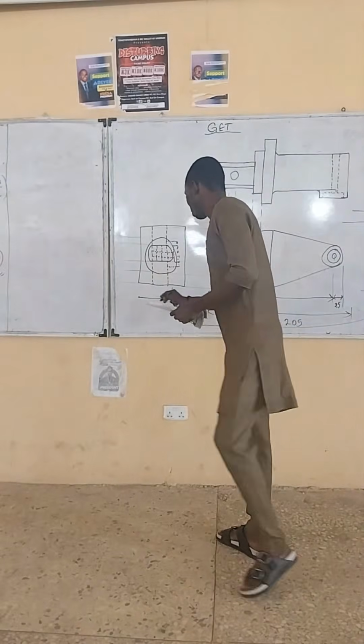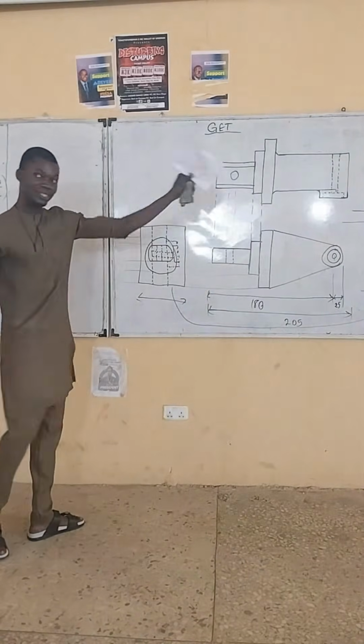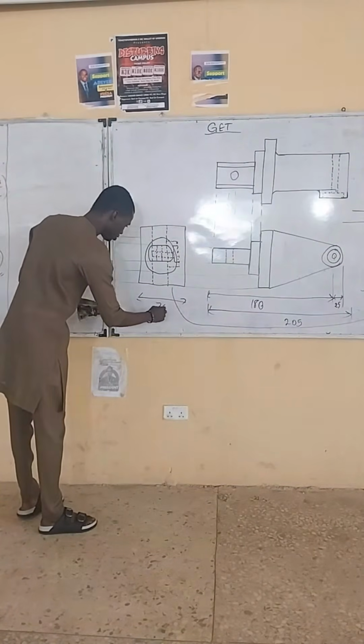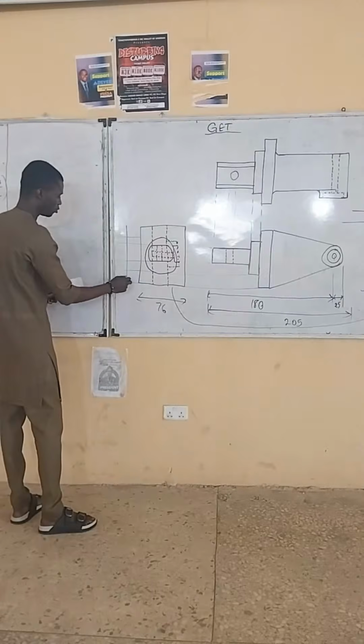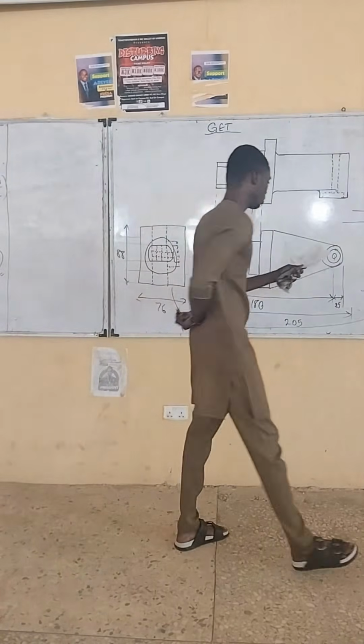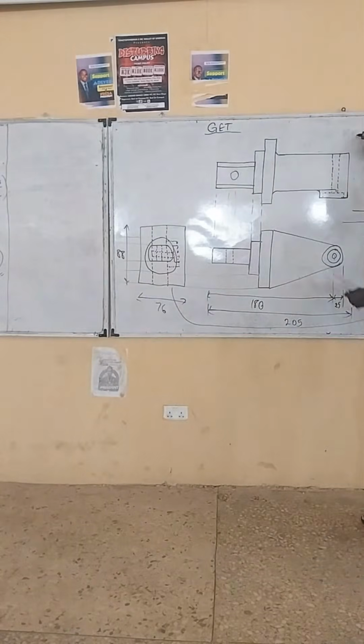This one will be at the right hand side now, but I want to put the dimensions here. This one will be 76. This one will be 88. Up here, I have 22.